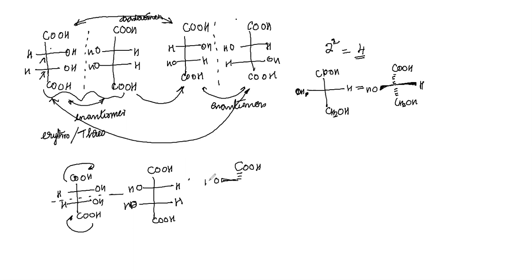OH, H, OH, H. This is the actual form of the molecule. This is the same as this, remember that. When we draw this structure, we should remember it has this structure.